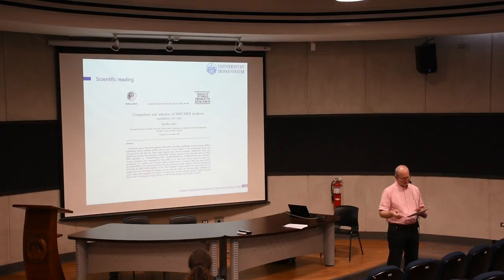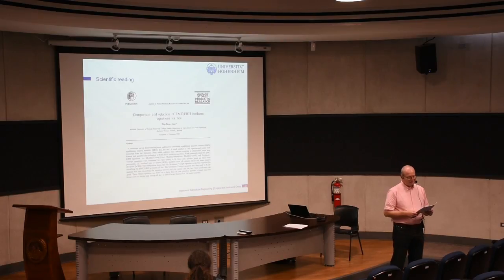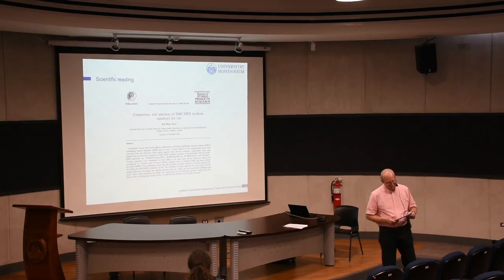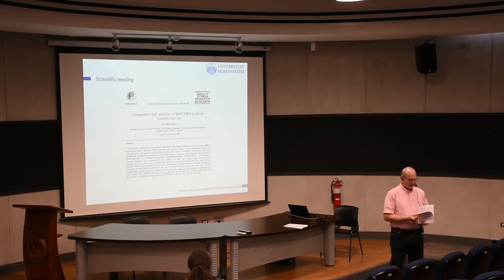It's a comparison of EMC, ERH, equilibrium moisture content, equilibrium relative humidity isotherms for rice. And he has calculated these coefficients for different models. And we take here the best model, and then we create our own sorption isotherms based on the equations we find in this paper.